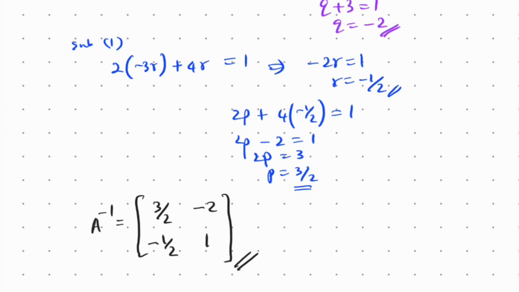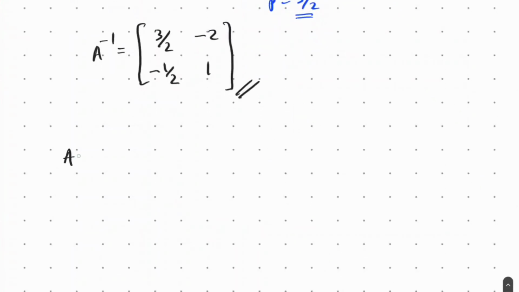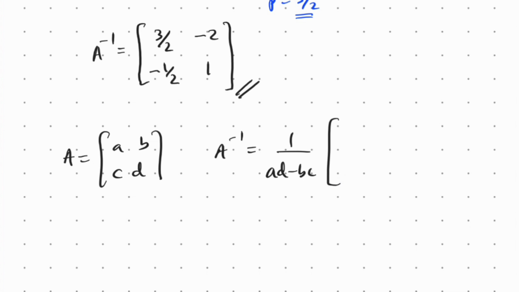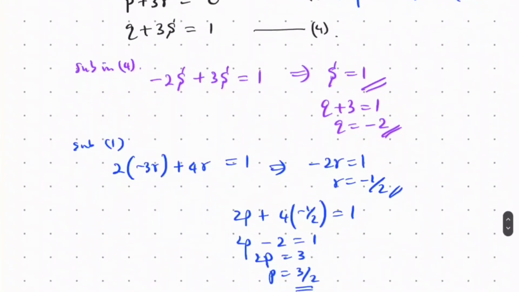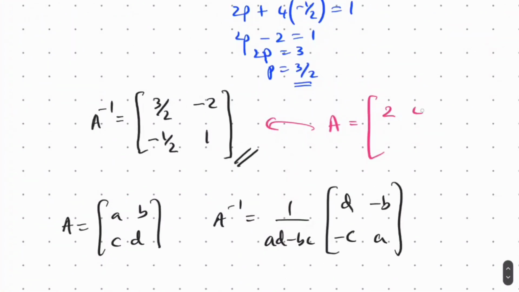Now if any of you remember, when you are given A to be A, B, C, D, then A inverse can be written as 1 over AD minus BC times a matrix where you switch the A and D and put minus signs on C and B. So let's check if it agrees with this. My A is 2 4 1 3, and I also know the determinant of A is 2.